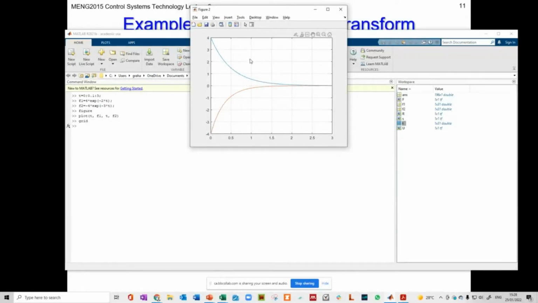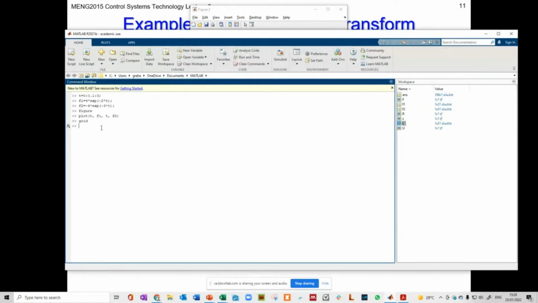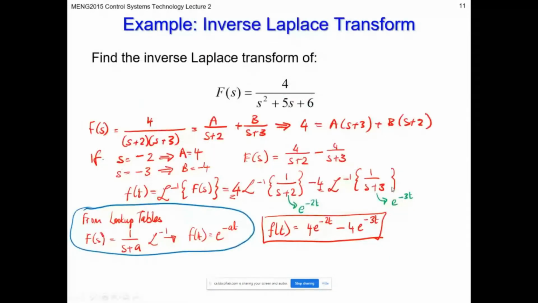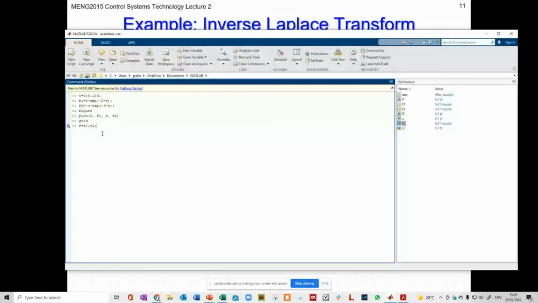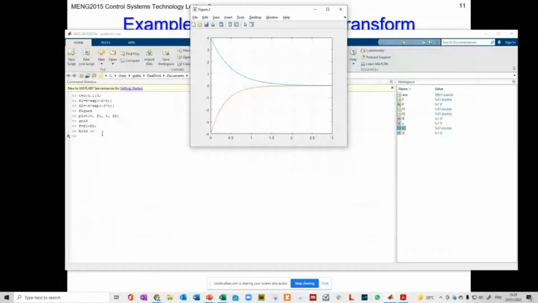But the function, of course, combines these two, so we just plotted each individual part of the function, but we can combine them as well. I'm going to call F1 plus F2. So I've just combined those two parts, just like what I have here. F equals, this is my F1, and this is my F2. Then I can give an instruction to hold on. That means I now want to plot F on top of this chart.